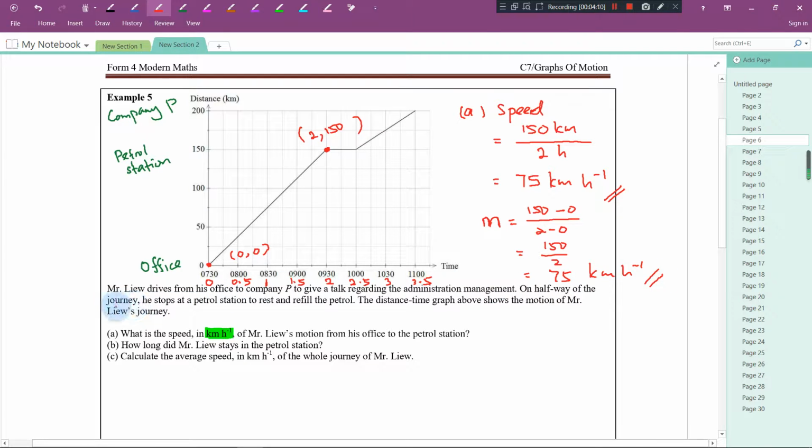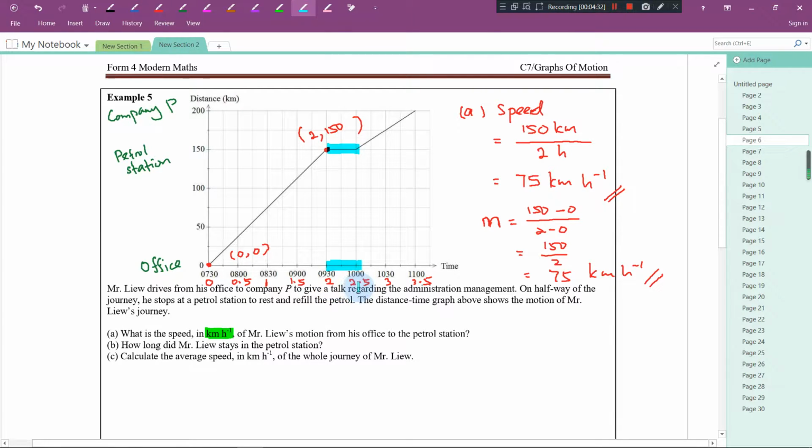Okay, let's proceed to the second part. How long did Mr. Liu stay at the petrol station? What's the duration of time Mr. Liu stayed at the petrol station? So from here to here. If you have written this down, it's very easy.